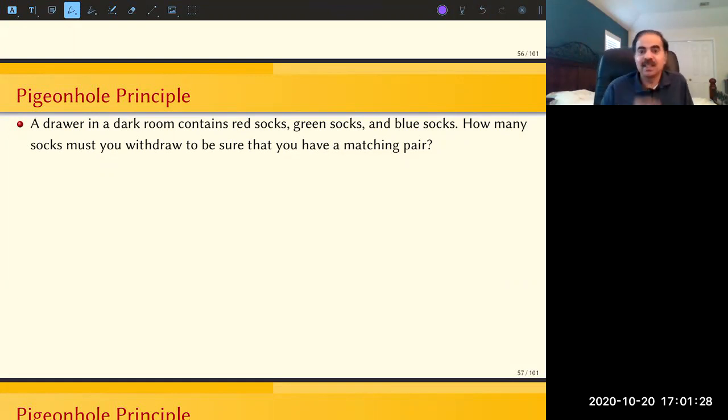Something almost stupidly obvious, right? But such a stupidly obvious principle is actually very useful. And for instance, it can give you a solution to this problem very easily.